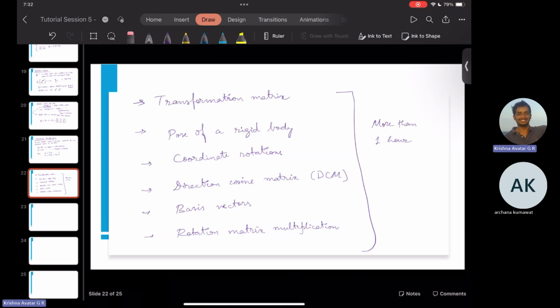And about the angle representations, we'd be talking about Euler angles, rotation matrices, Euler angle sequences, and how they are linked to quaternions, the multiplication of quaternions, how they are linked to angular velocity, then rotation angle and rotation vector multiplication. So these are all the topics that we'll be covering, and it will be very intensive.